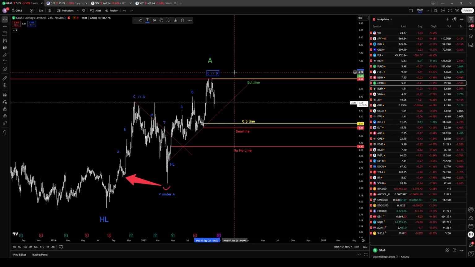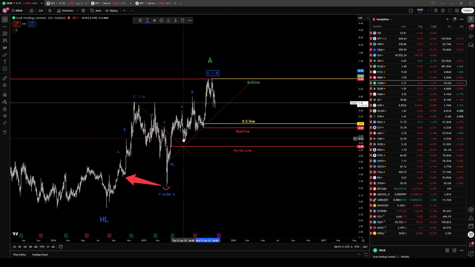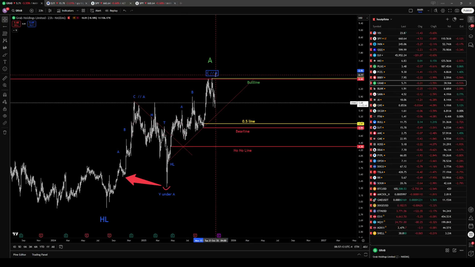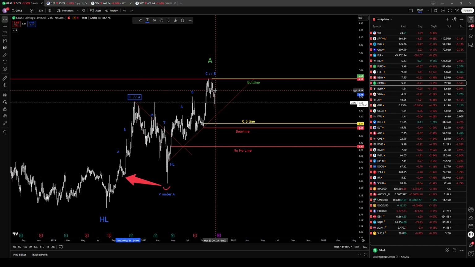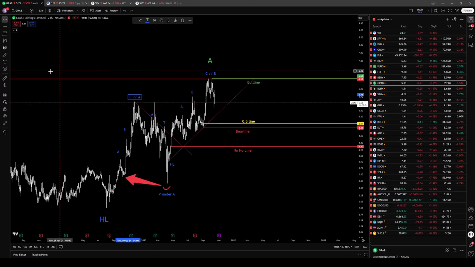So, normally, because this is little C peak, you should come down to your V and A on the little time frame. The thing is that this is also middle B, because this is middle A. You don't have to come down to your V and A. So you only have to come down to your 0.5 fib retracement.